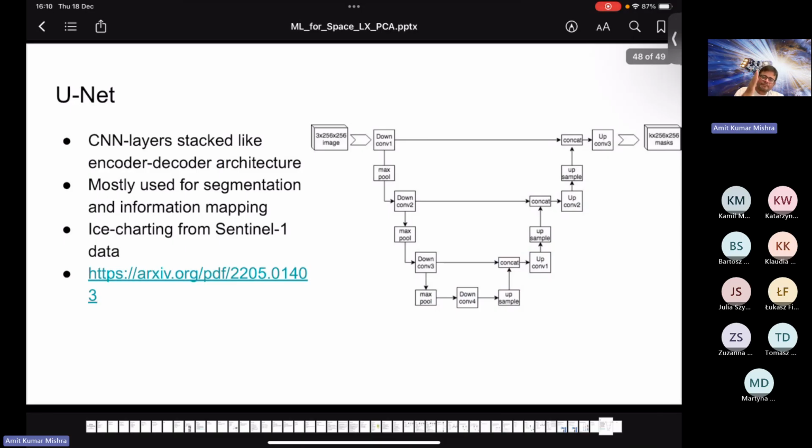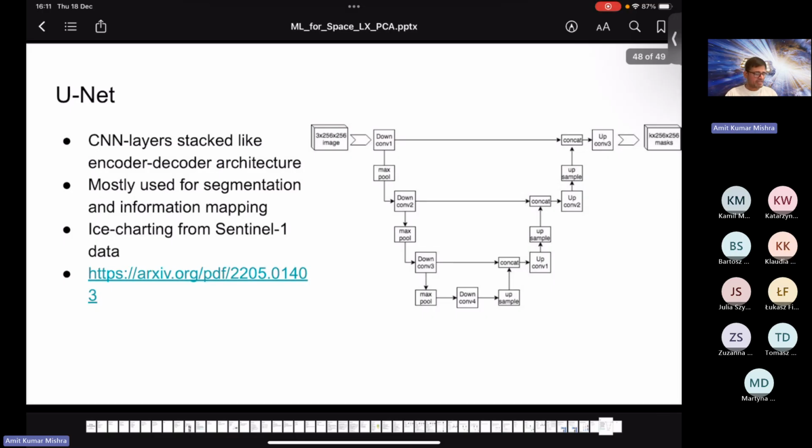But in UNet, the encoder part has a bunch of convolutional neural networks, so it can extract features. And the decoder part also has CNNs. It is recreating the original data. Now, once you put it this way, you are not just compressing.